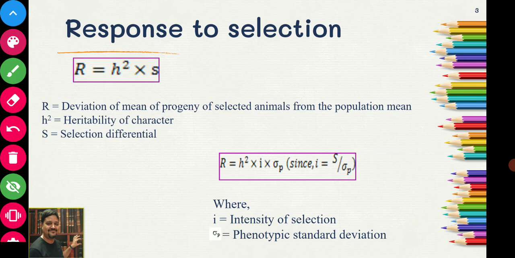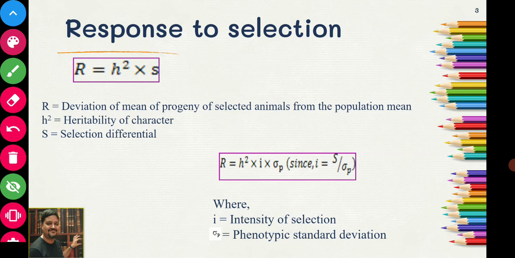It would always be desirable that all the 3.5 liter, that is the selection differential, gets transmitted to the next generation, but it is not like that. In theory, the next generation should produce 5 plus 3.5, that is 8.5 liter. But it is not like that.